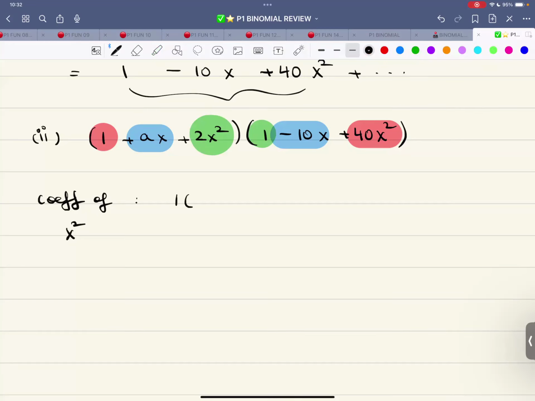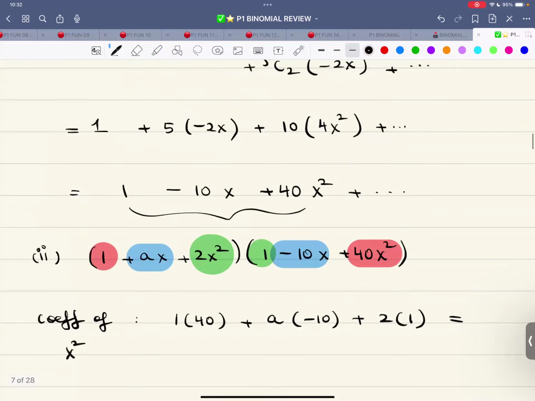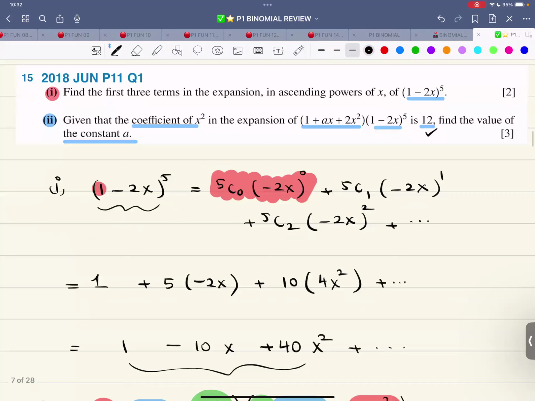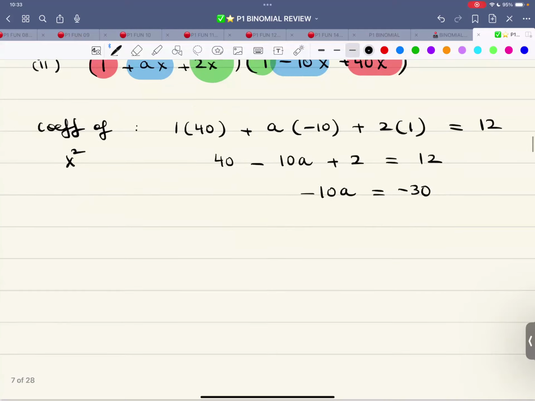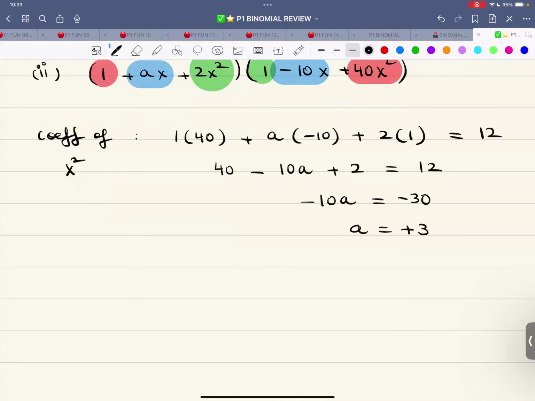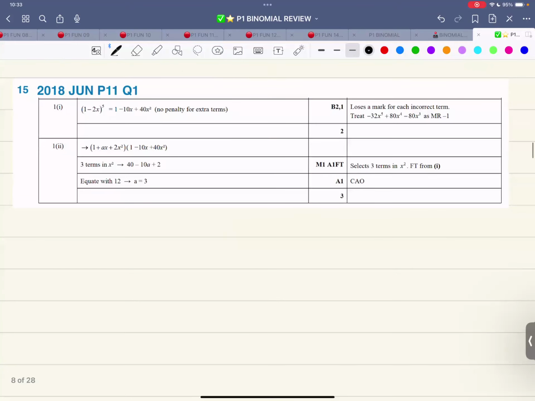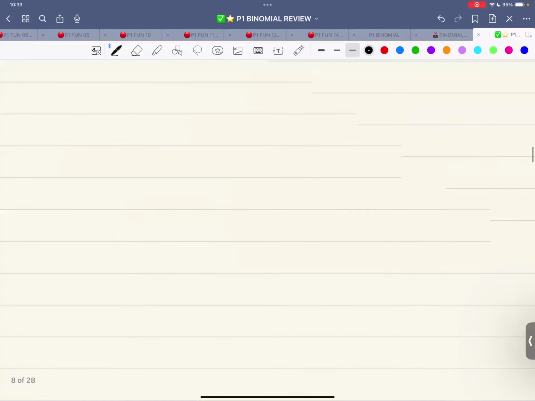So I'll write 1 into 40, a into negative 10, 2 into 1, and this overall is 12. So therefore 40 minus 10a plus 2 equals 12. 40 plus 2 is 42. 12 minus 42 is negative 30. Negative 10a. Therefore, a comes out to be positive 3. These are the first three terms. The value of a is positive 3. That is the basic idea of this particular question.